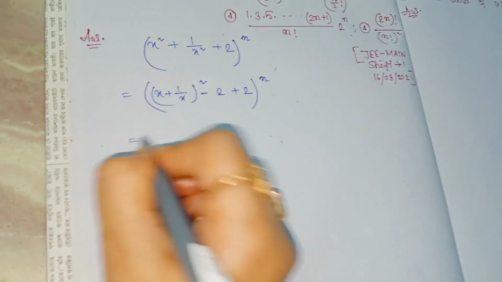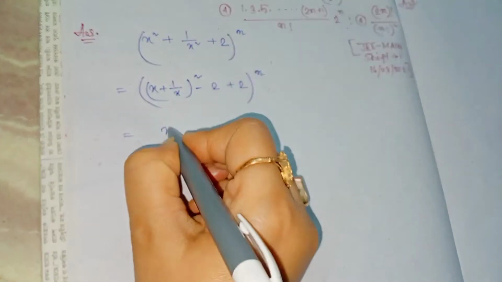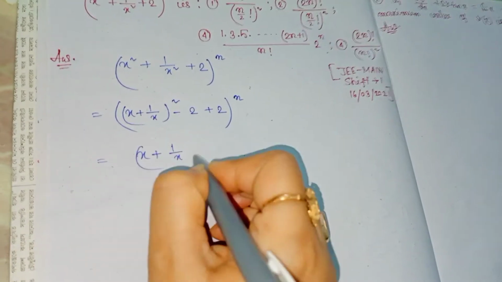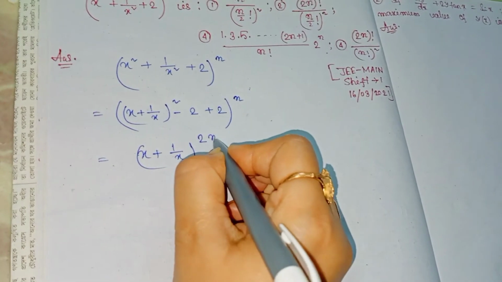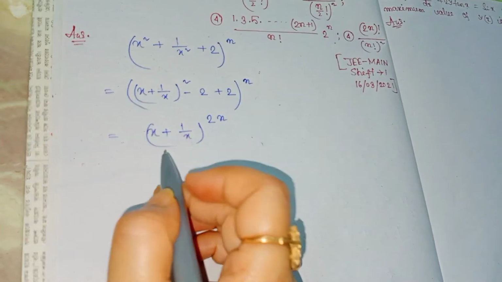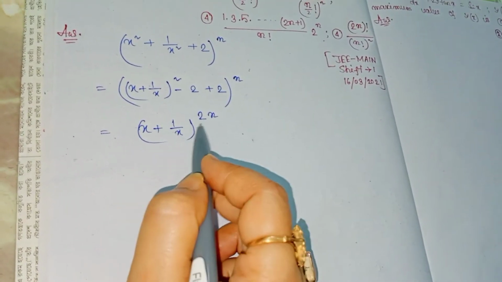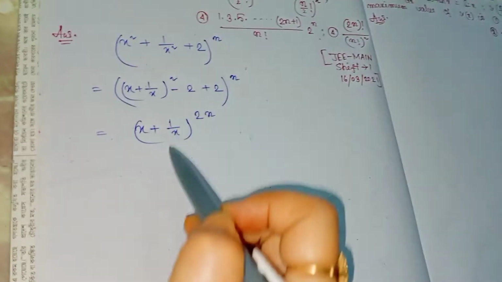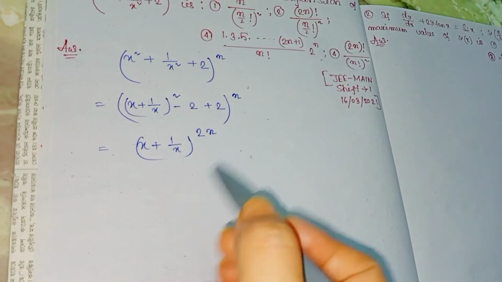So that is equal to (x + 1/x)^(2n). And now this is the expansion.